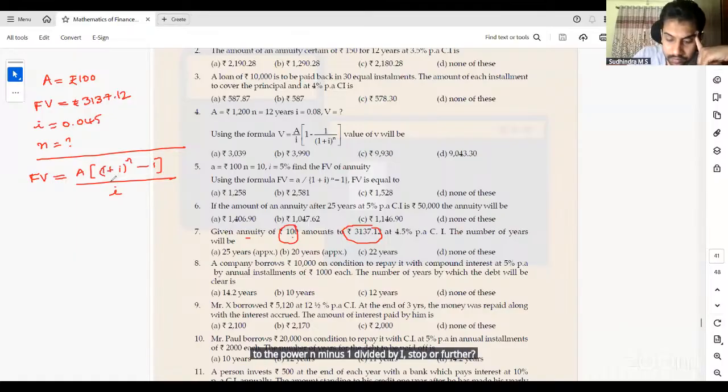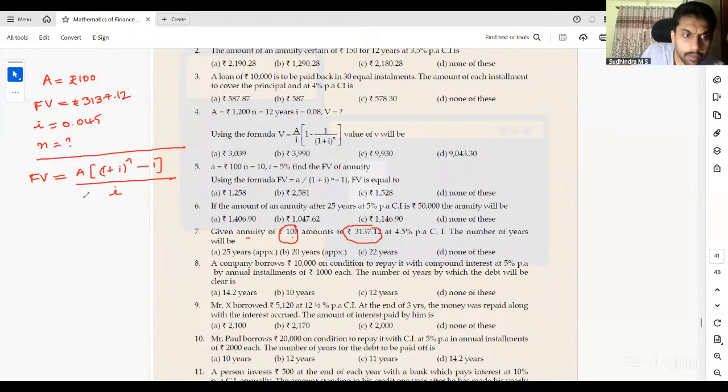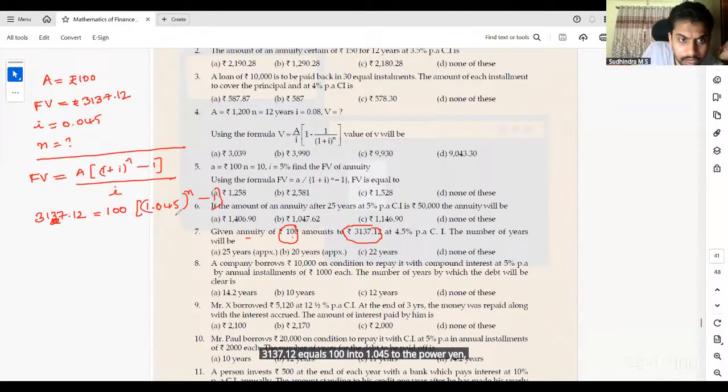Stop or further? No, sir, that's it. That's the formula. Very good. So future value is 3137.12 equals 100 into 1.045 to the power n minus 1, whole divided by 0.045.